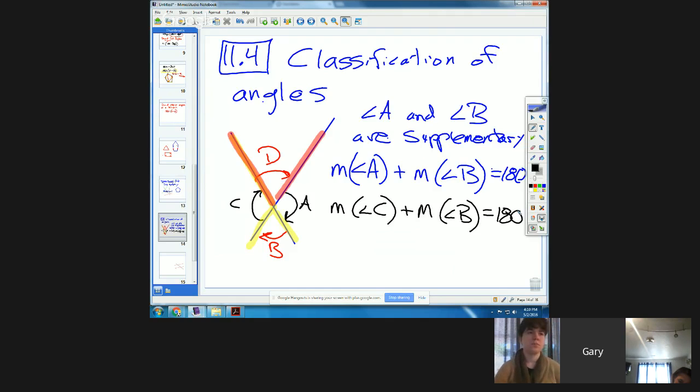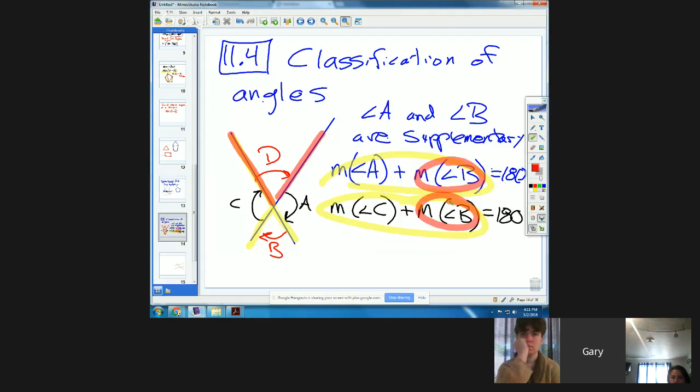Well, if both of these sums are equal to 180, they must be equal to each other. Agreed? And they both have something in common. They both have the measure of angle B in common.